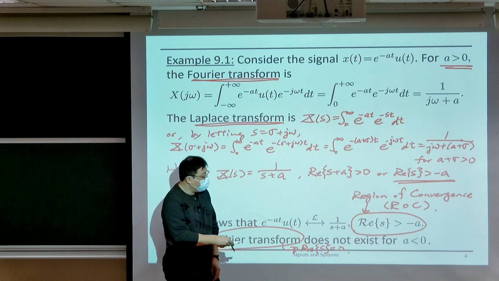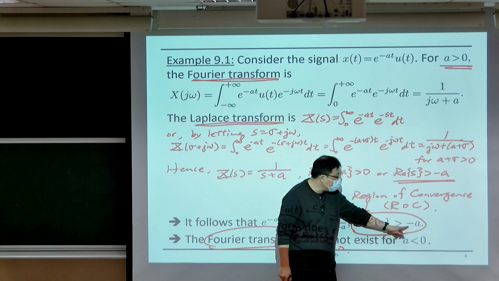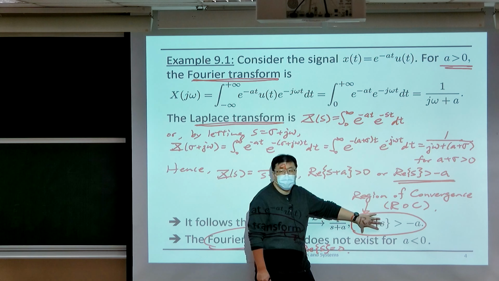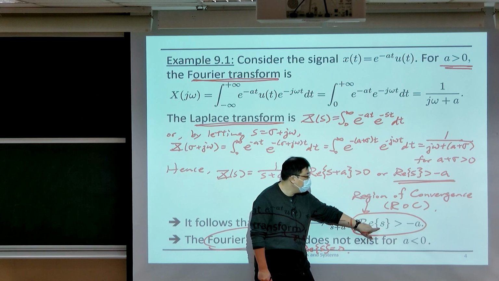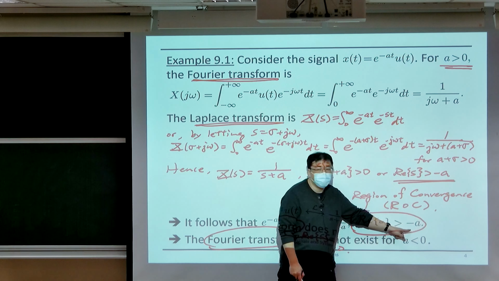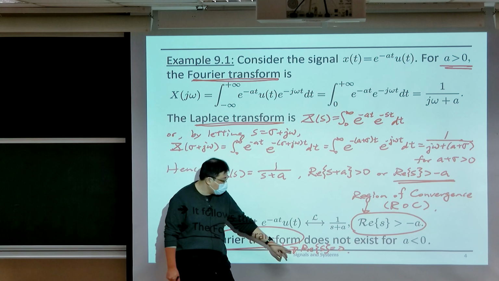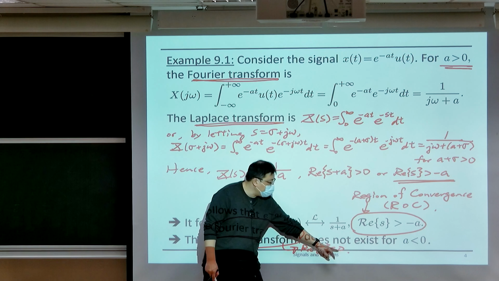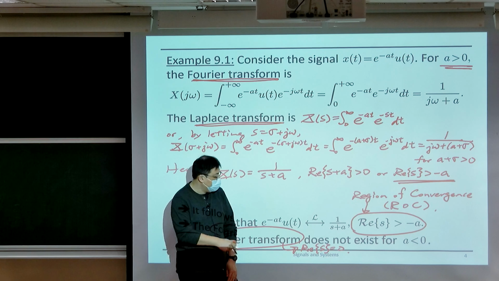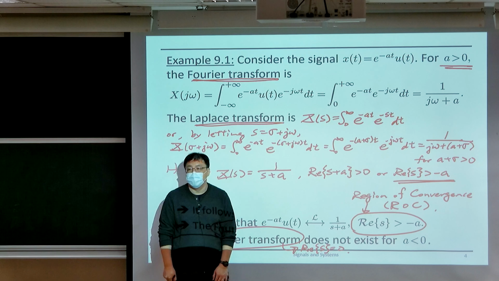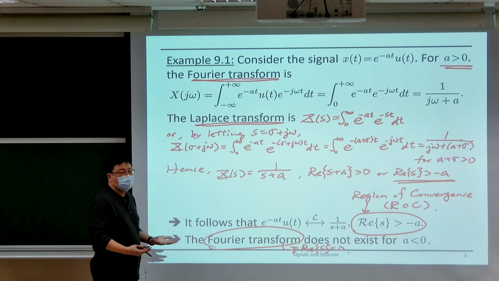But if a is less than 0, then minus a is positive, so the region of convergence would include values of s that should be greater than some positive value. Since the Fourier transform corresponds to a value of s that has a real part equal to 0, it does not lie in the region of convergence when a is less than 0, and therefore it would not exist.